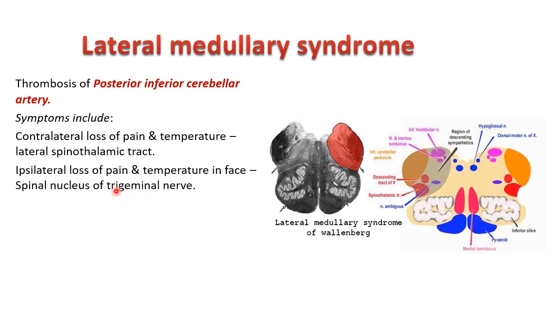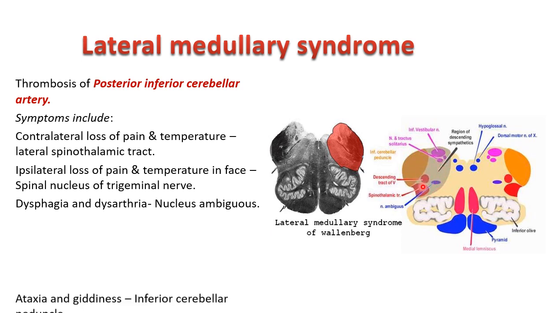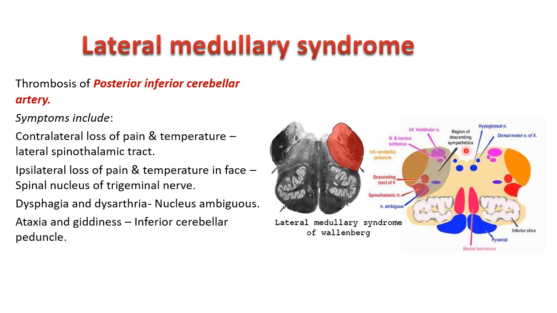Then ipsilateral loss of pain and temperature in the face because the spinal nucleus of the trigeminal nerve is affected. Then dysphagia and dysarthria because of nucleus ambiguus, which is situated in the reticular formation. Then ataxia and giddiness because of the inferior cerebellar peduncle.